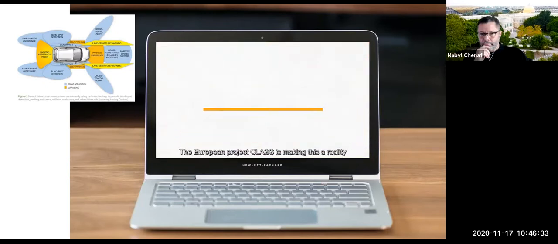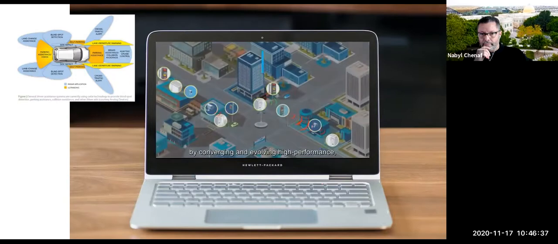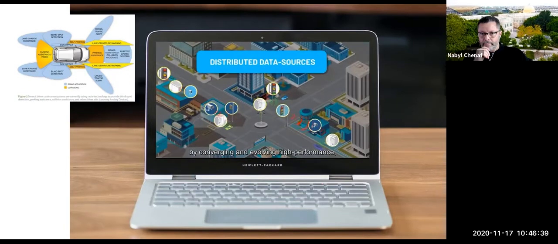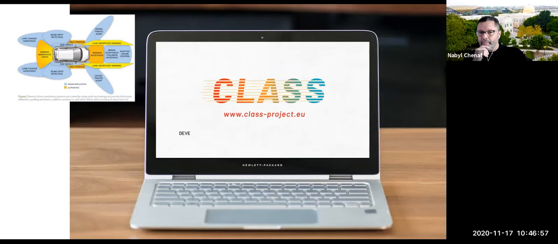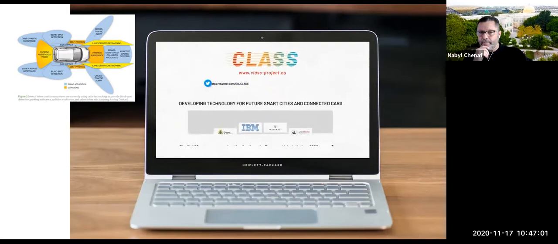The European project CLASS is making this a reality, by converging and evolving high performance, low-power embedded and big data analytics computing technologies into a unified software architecture capable of efficiently coordinating and distributing computation resources along the compute continuum from edge to cloud. CLASS, developing technology for future smart cities and connected cars.